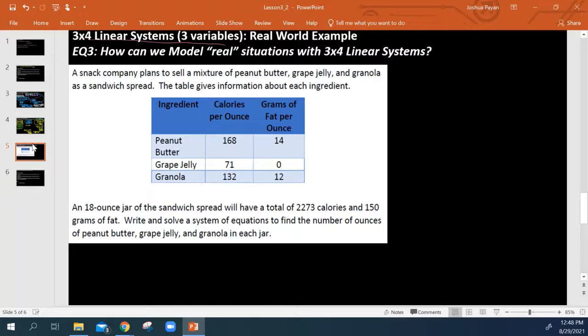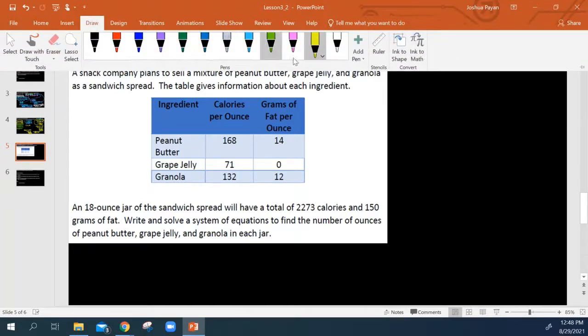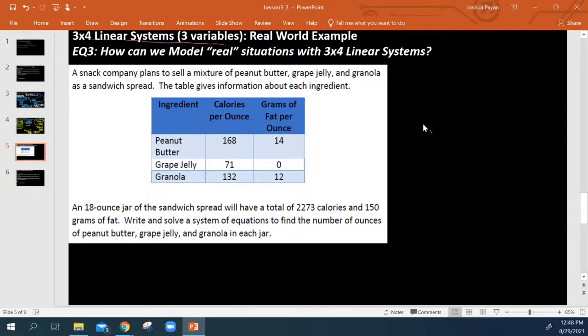Anywho, so here's a real world, quote unquote, example, right? A snack company plans to sell a mixture of peanut butter, grape jelly, and granola as a sandwich spread. The table gives information about each ingredient. Sorry, I had to drink some coffee.